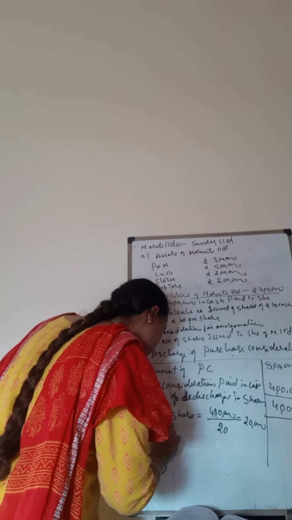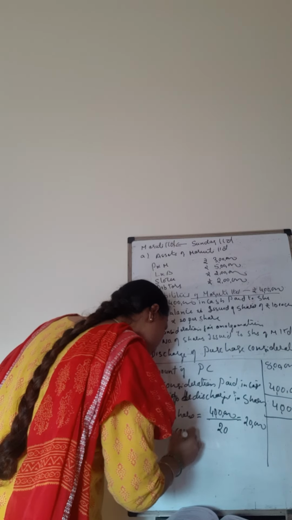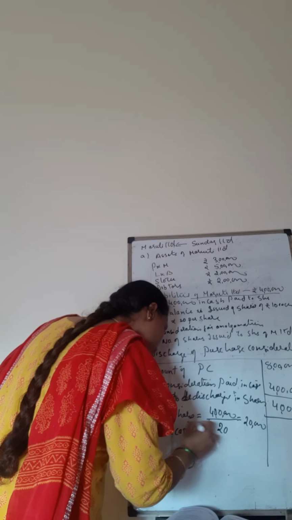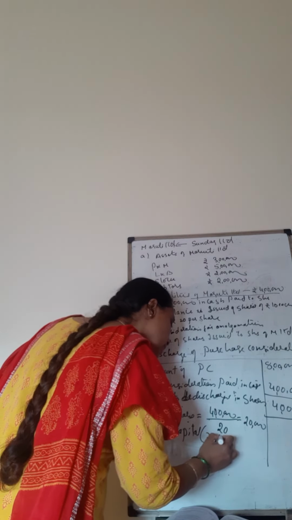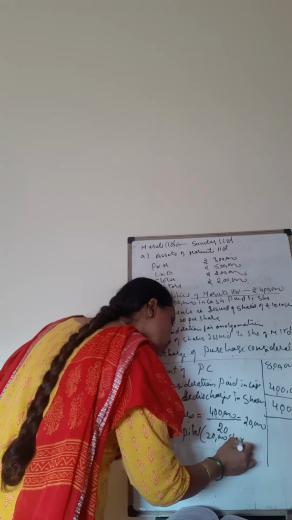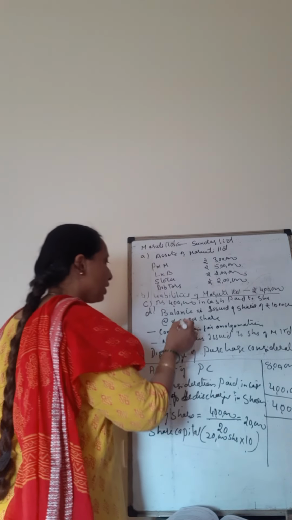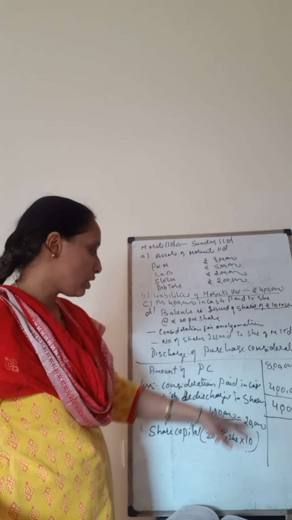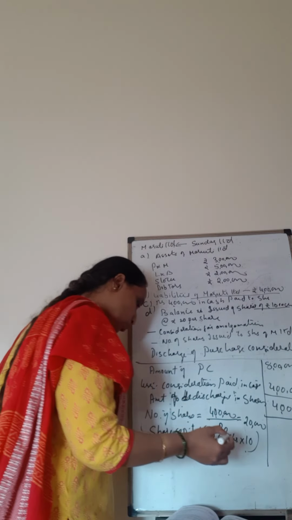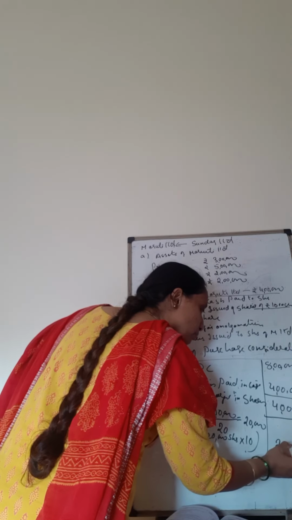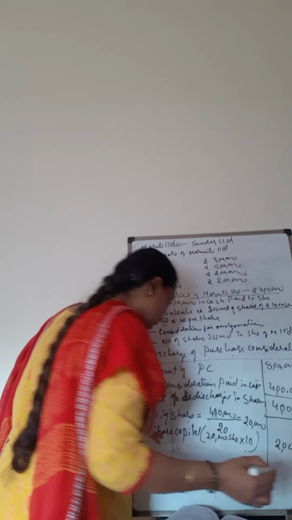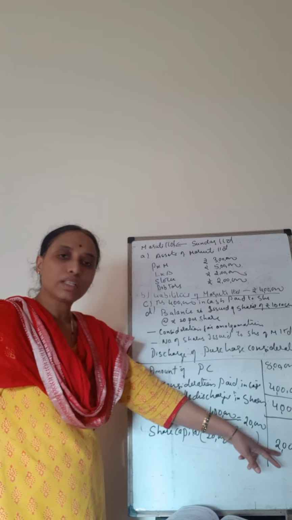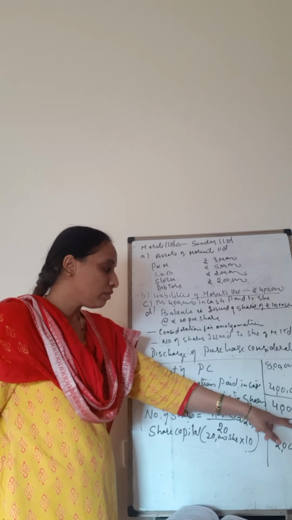Share capital: 20,000 shares into rupees 10 each. They told that the balance is issued in the form of shares at rupees 10 each. So at rupees 10 each, that is 2 lakh rupees. Share capital is 2 lakh rupees, but how much do we have to pay?